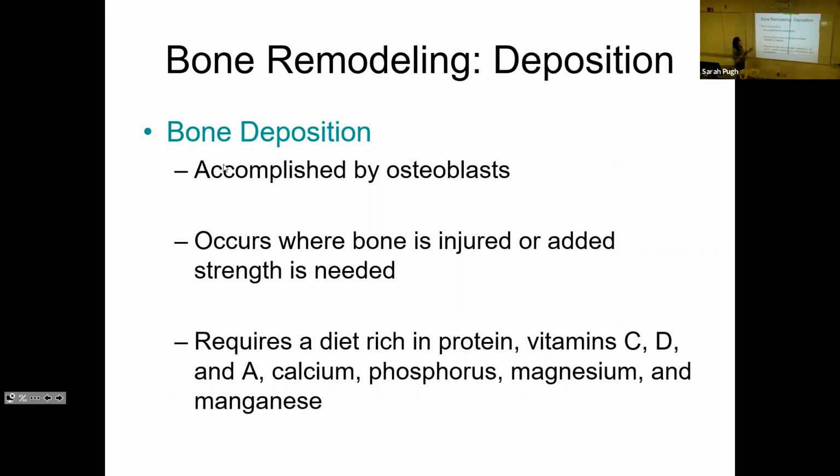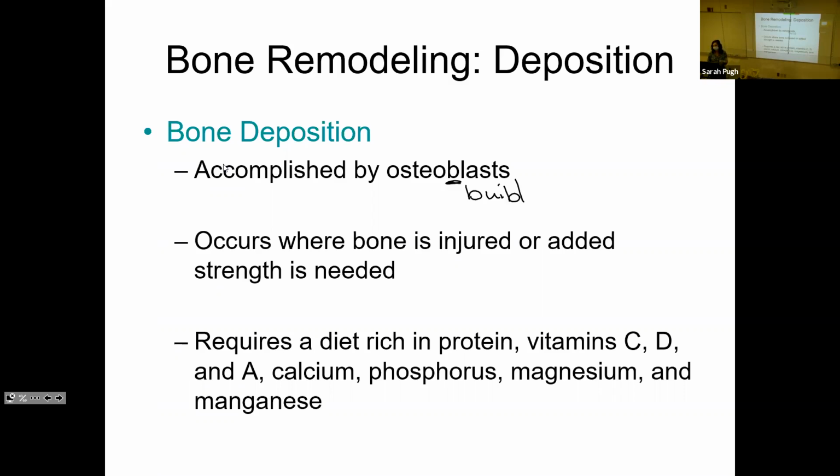So I want to walk you through bone remodeling sort of from building the bone up and breaking it down. So bone deposition is the buildup of bone. We're depositing bone. These are our osteoblasts. Remember, blasts build. And this is going to occur anytime your bone is broken.